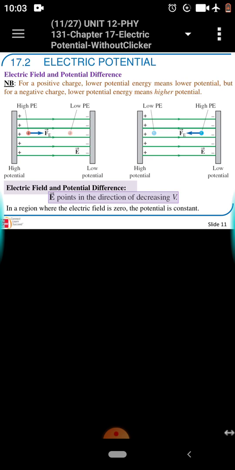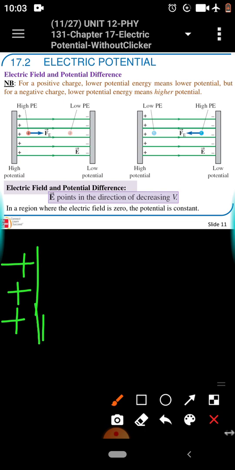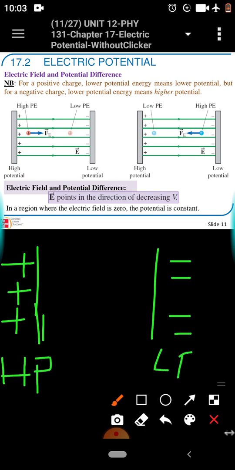So, electric field and potential. The electric field points in the direction of decreasing electric potential. This is just to connect electric field and potential difference. Remember that this is the region of high potential, this is the region of low potential. When I say electric fields move from positive to negative, this explains why.